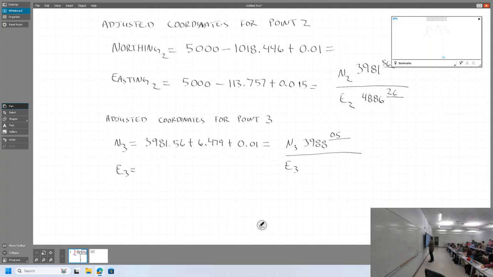For easting of 3, again we're going to use that 4,886.2326, subtracted by our departure of that line.